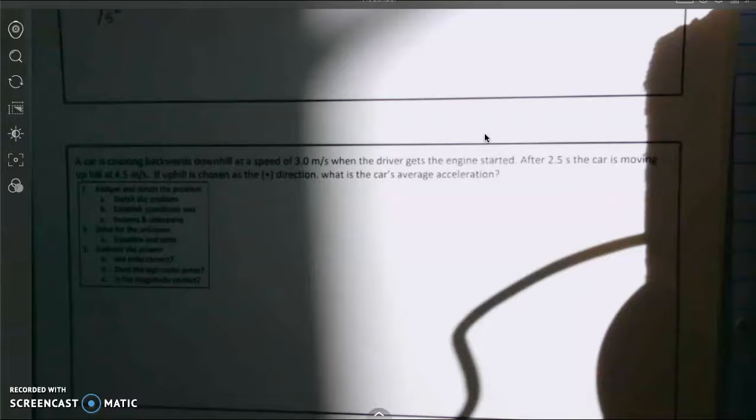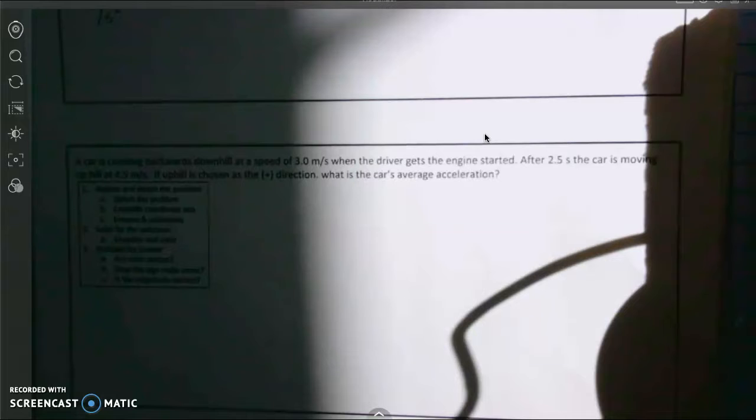After 2.5 seconds, the car is moving uphill at 4.5 meters per second. If uphill is chosen to be the positive direction, what is the car's average acceleration for this whole interaction?